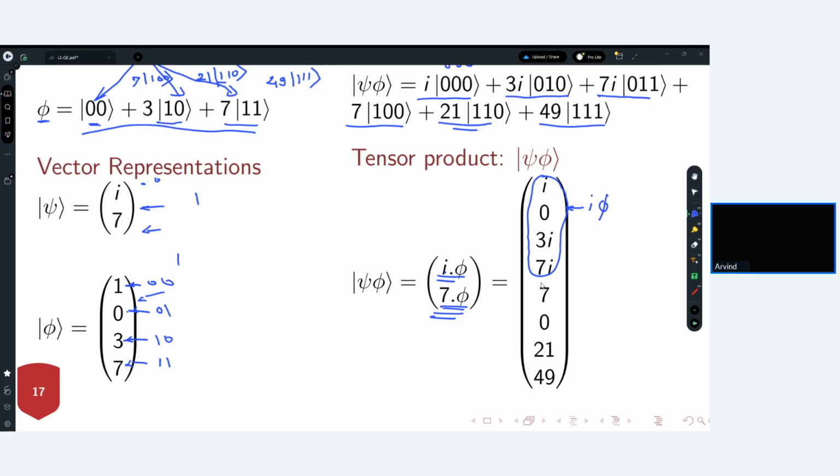And if I multiply 7 with the second column vector, I will get these elements 7, 0, 21, and 49. So this is nothing but 7 times phi. So this is about three different types of ket notations. Thank you.